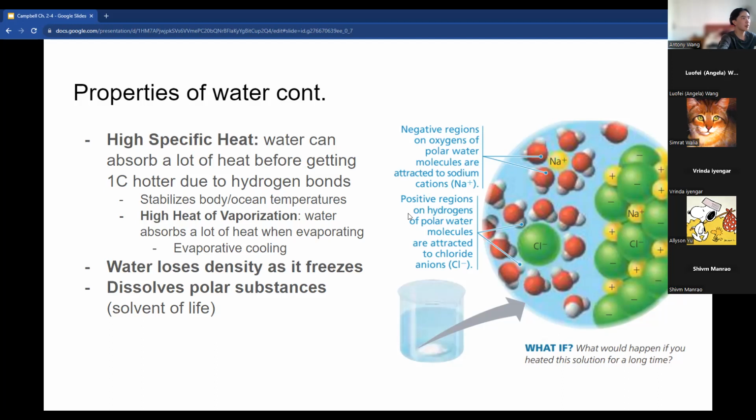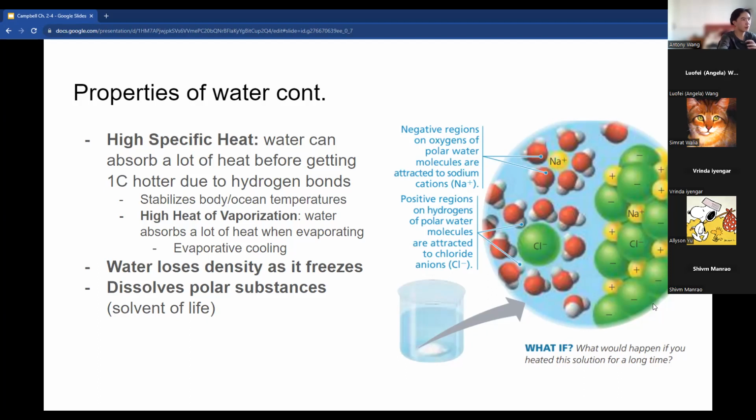The reason that water has a high specific heat is also because of hydrogen bonding. When a substance heats up, when it gains thermal energy, the molecules start to move faster, right?